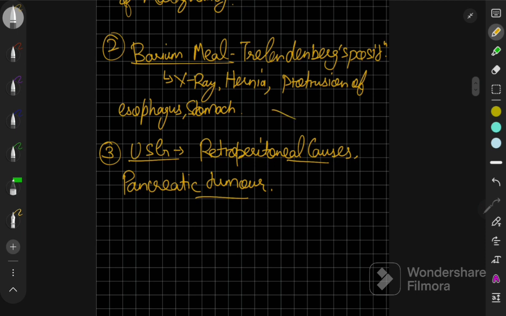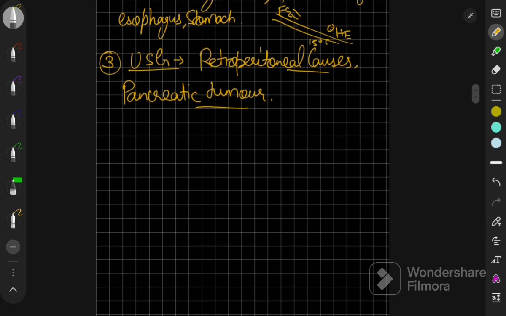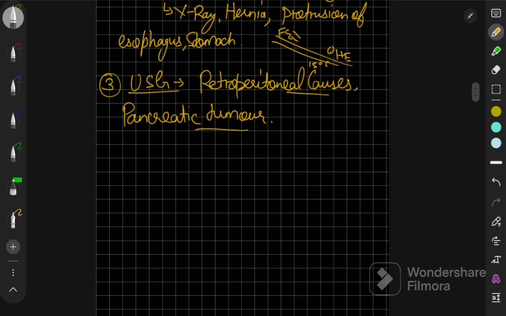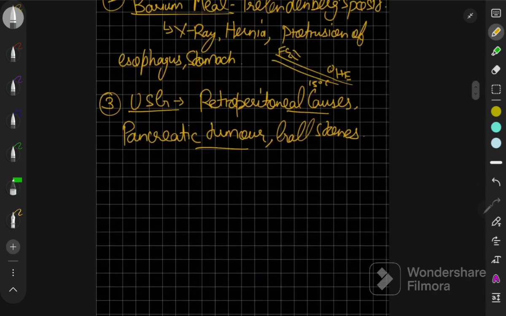So like this is the bed, this is the foot end, head end, 15 degree, the head is here and the legs are here, so the patient is put into this position. Okay. Ultrasound: retroperitoneal causes, pancreatic tumor we see, or we see gallstones. Okay, these are the investigations which we do.